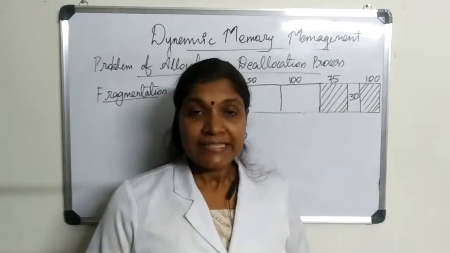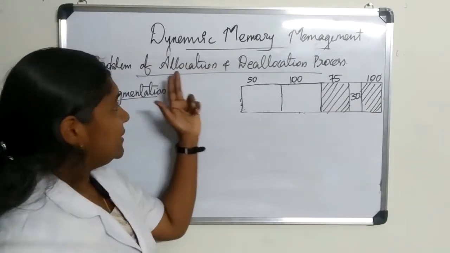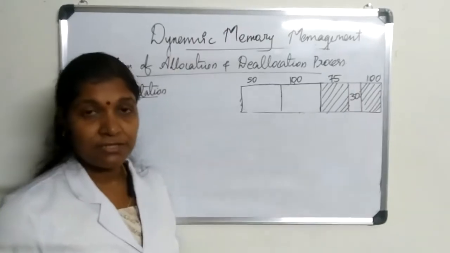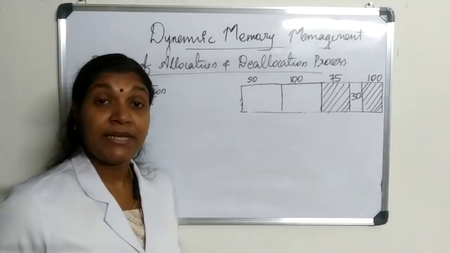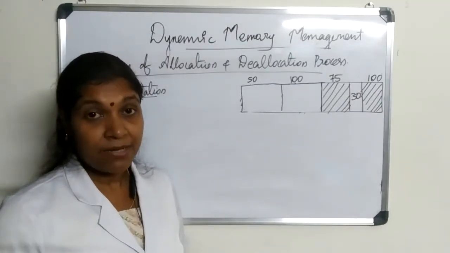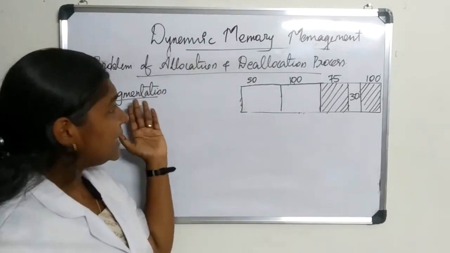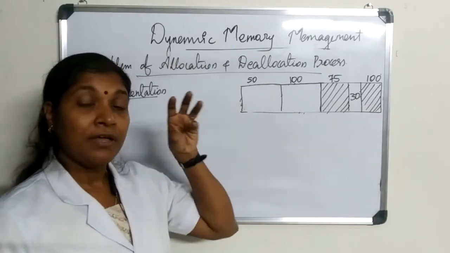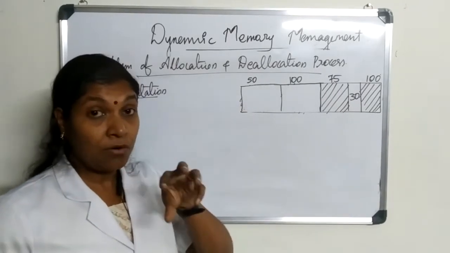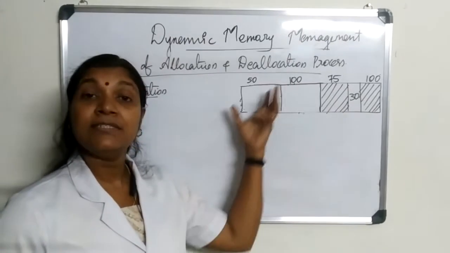Thank you. The next concept associated with the allocation and deallocation process, or we can say a disadvantage of this dynamic allocation and deallocation process, is fragmentation. Fragmentation is the presence of small free memory holes here and there in the system memory.